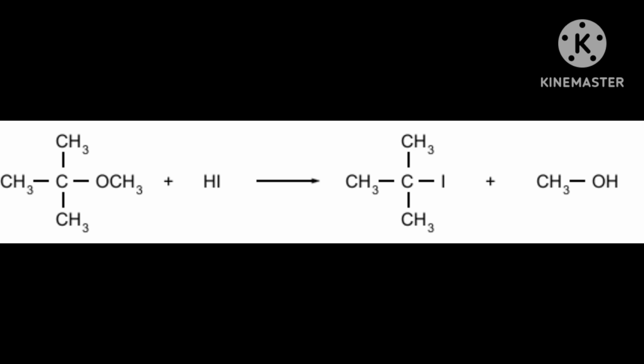I have discussed the mechanism of this. However, when one of the alkyl groups is tertiary, what will happen? This is an important question. Both sides have alkyl groups, R and R dash. Suppose one of the alkyl groups is a tertiary group, the halide formed is a tertiary halide.